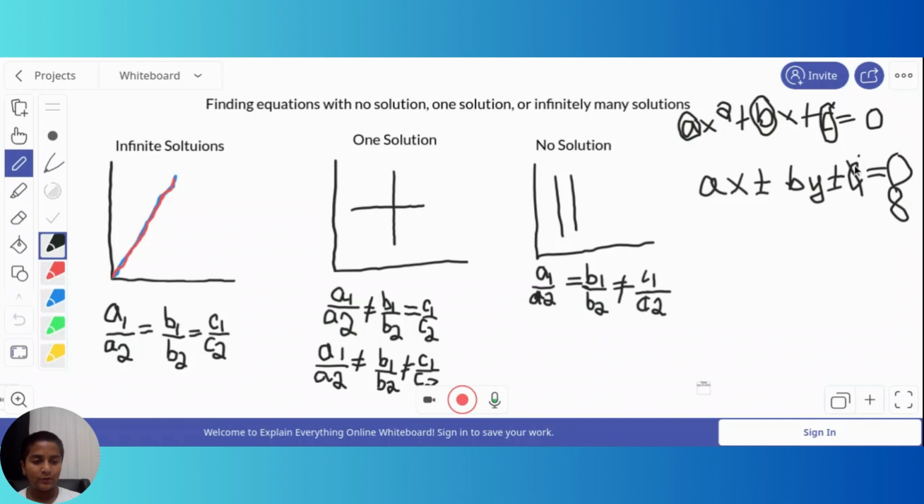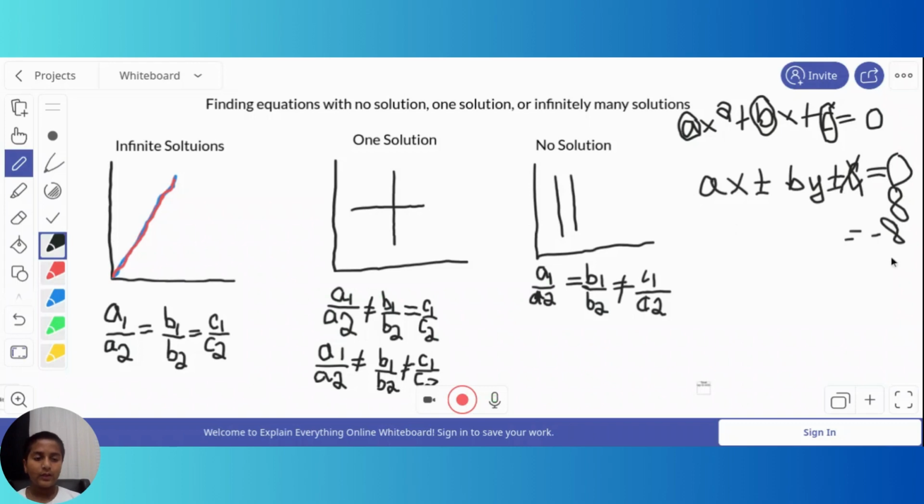Going back to algebra terms, whenever we carry one side to the other by eliminating, since this is minus 8, we have to bring it to the other side, because remember the end value is always 0, like in quadratic equations, and in this situation the equations always have to be 0.